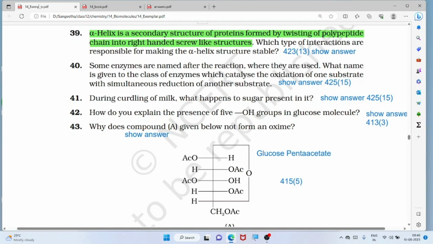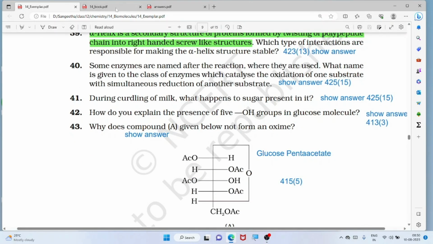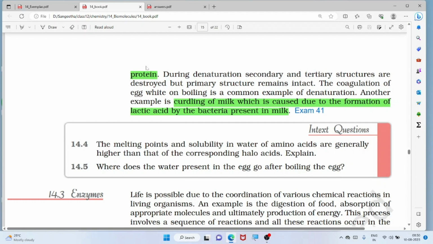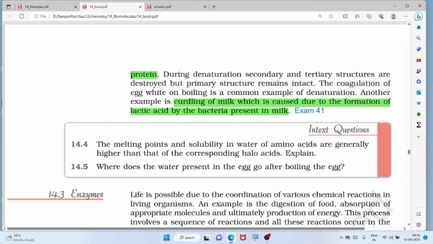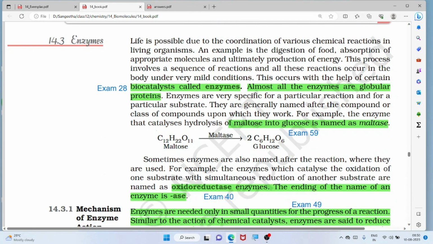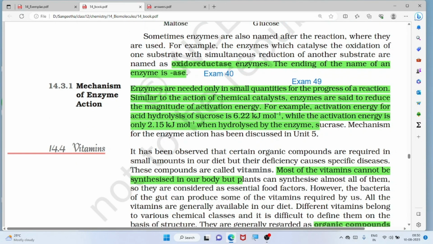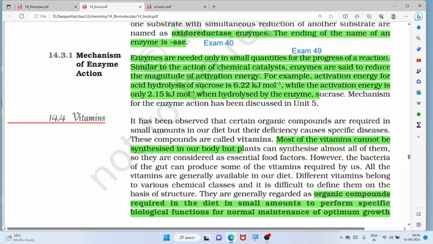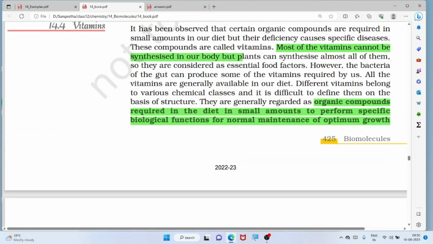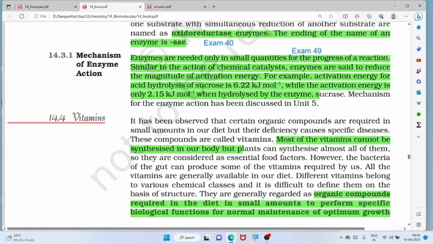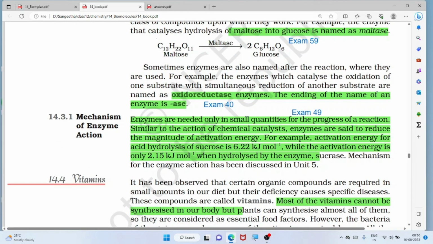This one, oxidoreductase enzyme. So this is oxidation and reduction taking place simultaneously.